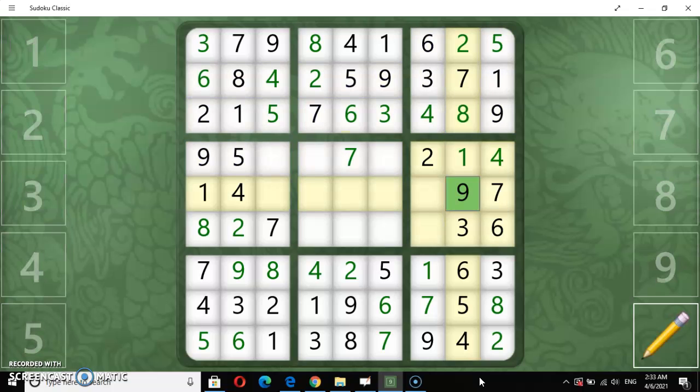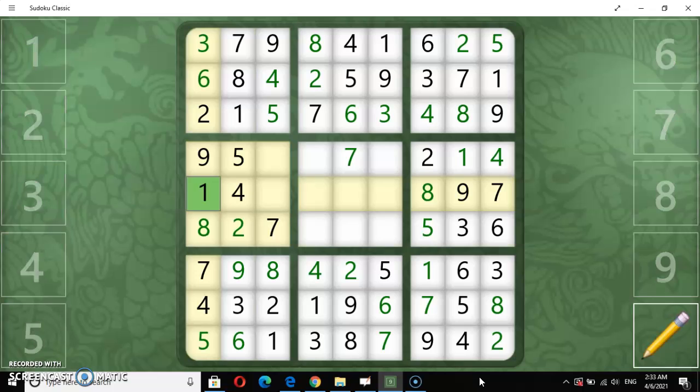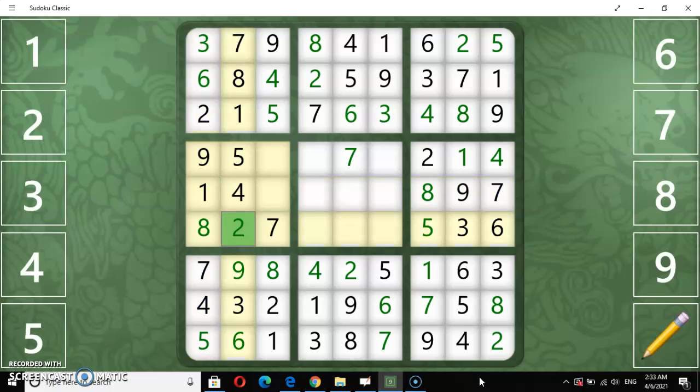Now here two cells in this column, 1 2 3 4, we don't have 5 and 8. I cannot write 8 here because 8 is here, so I write 5 here and it must be 8. Okay, and then we have here two cells, 3 and 6. We can come back later.